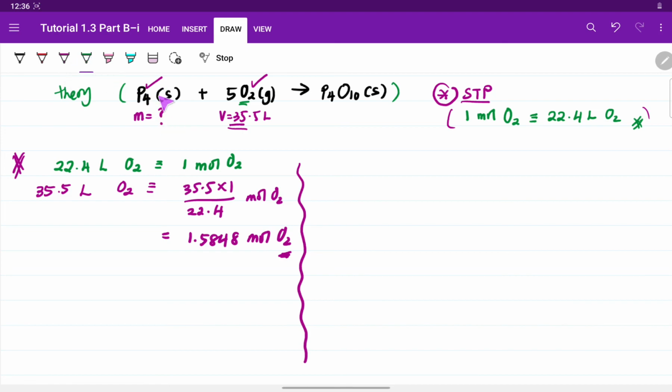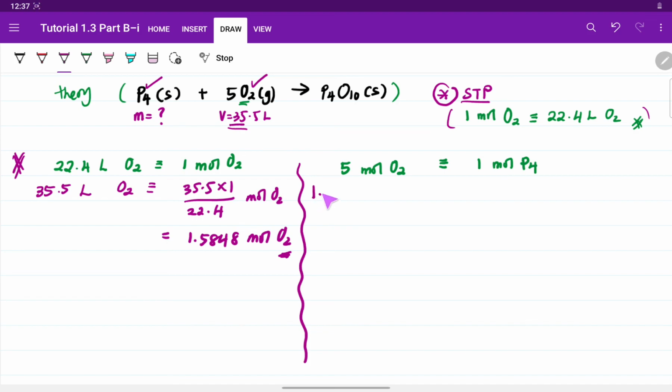So berbalik kepada balance equation. What you can see from this balance equation, kita nak fokus tadi dekat mana? Oxygen and phosphorus. Kita nak cari phosphorus. Kita ada oxygen. So, awak akan tulis from the balance equation, 5 mole of O2 will react with 1 mole of phosphorus. Now, how many moles of oxygen do we have? This much.